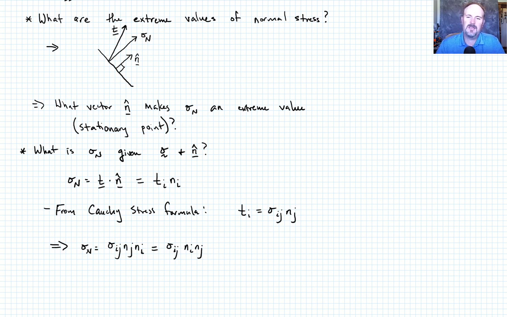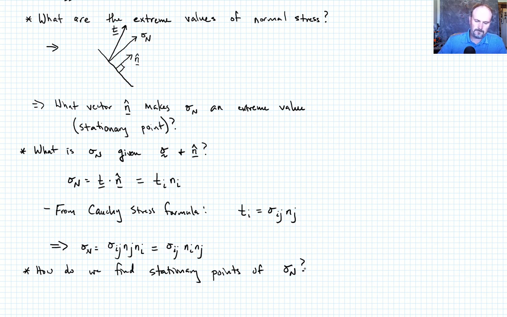Now what we want to ask is, how do I find the extreme value? So the first question was, what is the normal stress? And now how do we find the stationary point of sigma n? Well, if I was in class, I would pose this question and I would stand here in silence until someone told me.